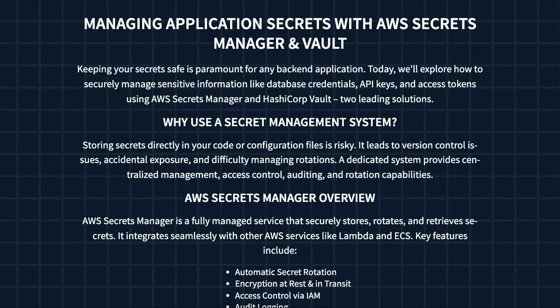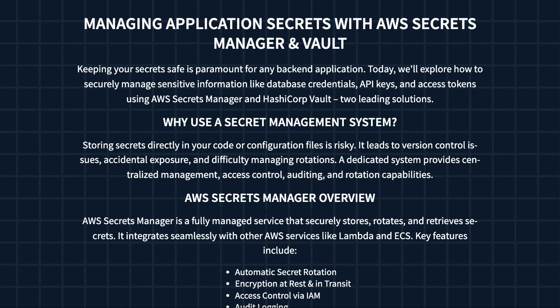Let's talk about keeping those sensitive details safe. Managing application secrets is super important for any backend project. We'll be looking at two popular options, AWS Secrets Manager and HashiCorp Vault. Both help us store things like database passwords and API keys securely, preventing them from accidentally being exposed in our code or configuration files.